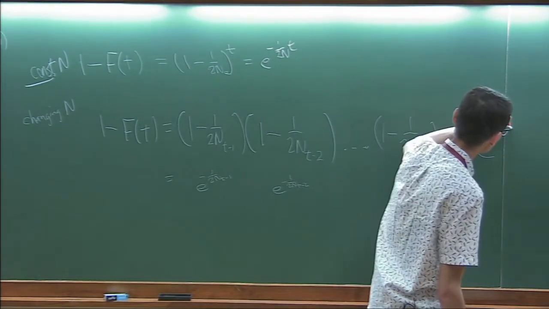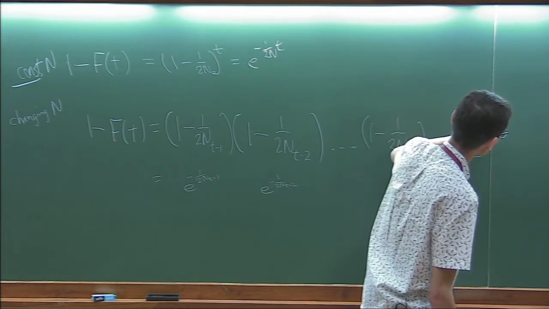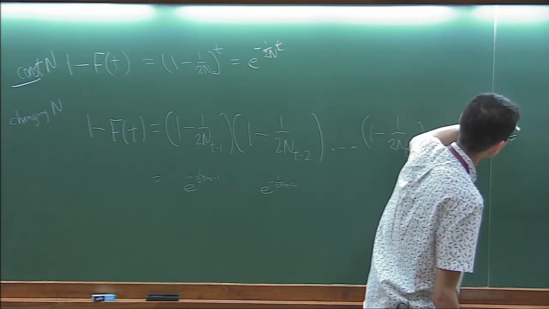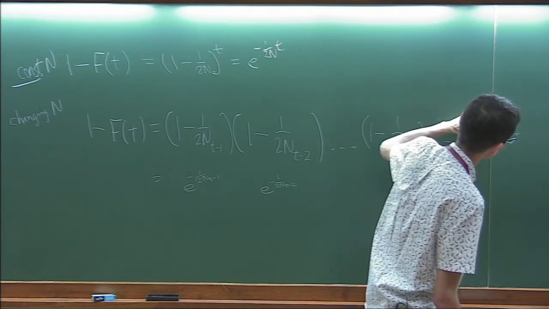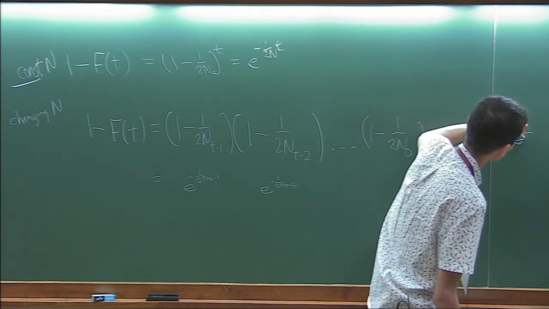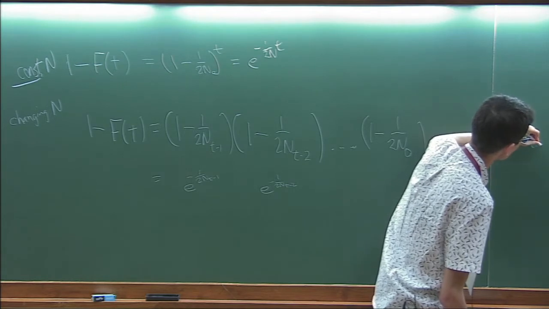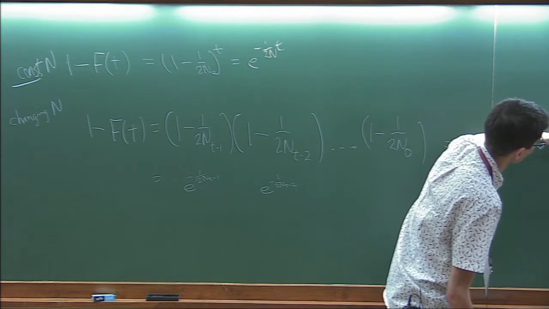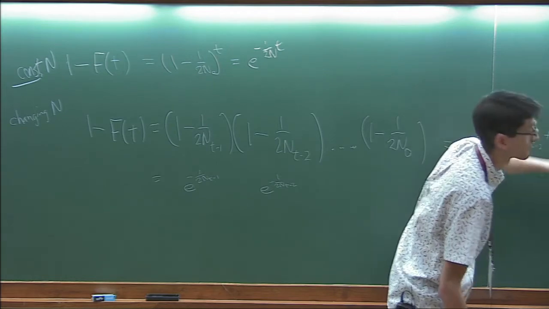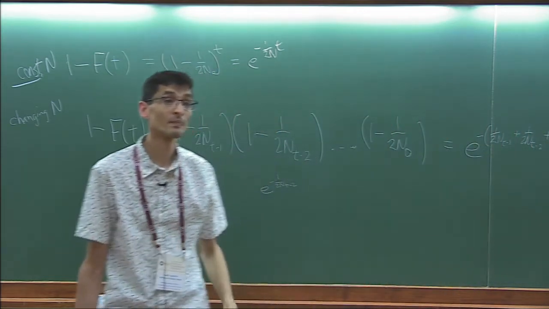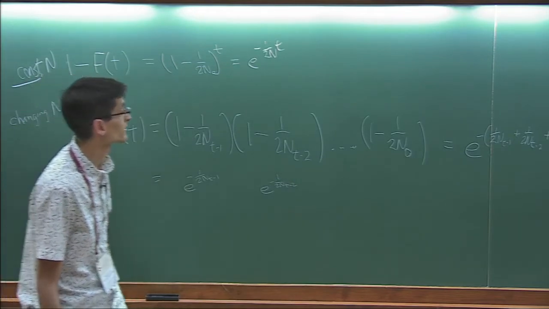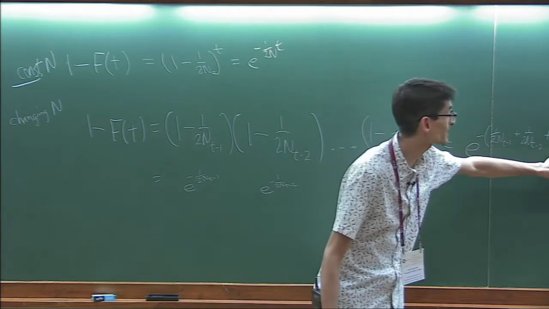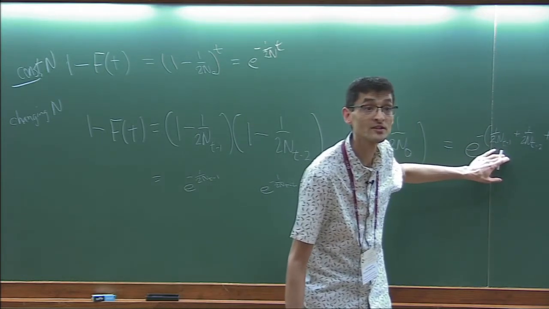So we get minus 1 over 2n_t minus 1, plus minus 1 over 2n_t minus 2, plus minus 1 over 2n_0. Okay? So that, and there will be t of these terms, right? Representing the t generations.